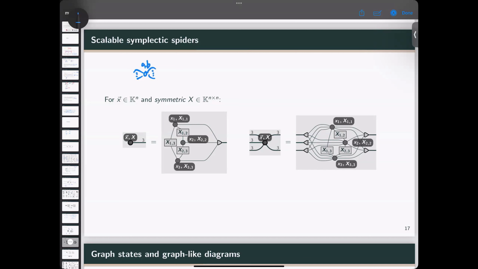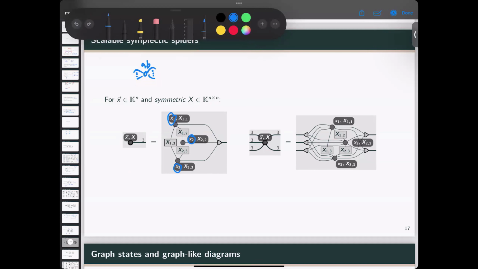And it turns out that we can pack graphs of these, or bigger diagrams of these, into these scalable symplectic spiders, where now my spiders are labeled by a vector X and a symmetric matrix big X. And what these two things are doing is they're parametrizing, in the case of the vector, just some affine phases on these vertices here of the graph.